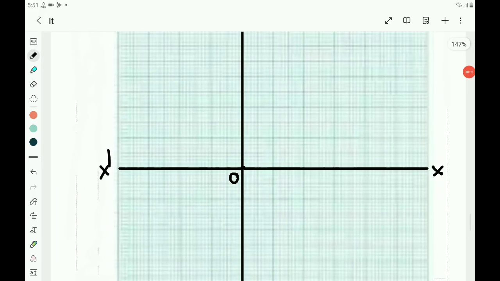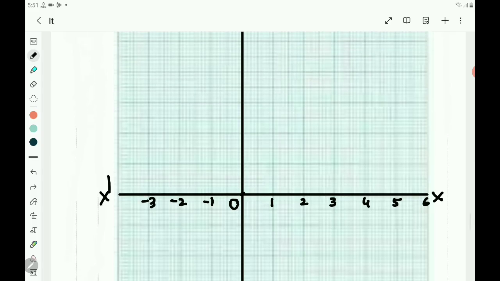Now let us mark the numbers. Take one number for one box. 1, 2, 3, 4, 5, 6. Here -1, -2, -3, like this way. Take the y-axis here also for this line, but here we got 6.